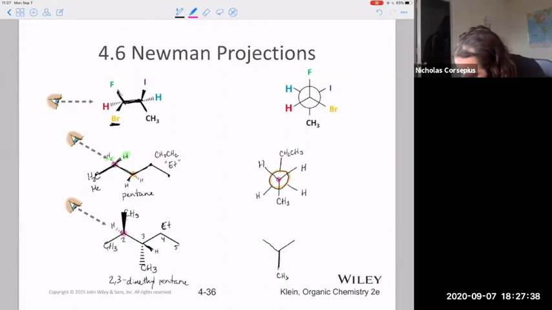Now, of course, the hard part is where is this methyl group going to go? On this carbon or this carbon? So again, pointed out at you means that when you rotate it, it's going to be sitting on the right. So another methyl group there. That means the hydrogen's there. Now drawing the back carbon.